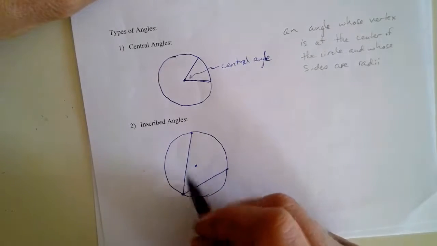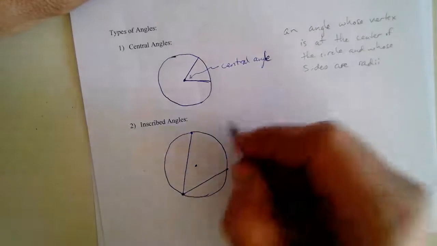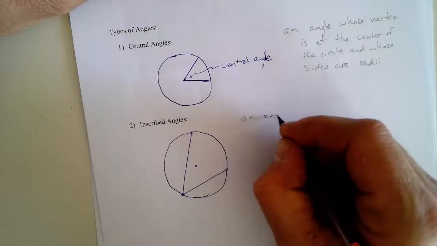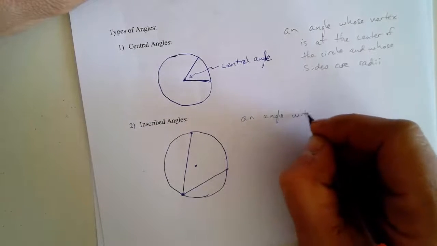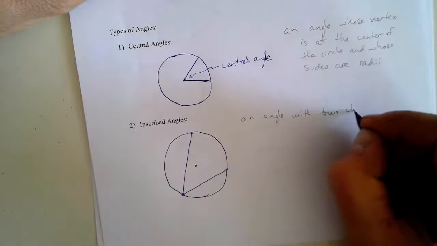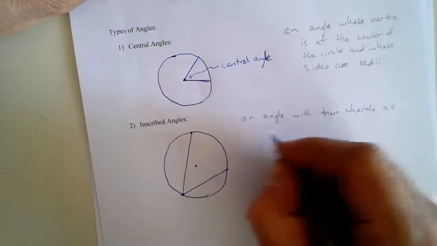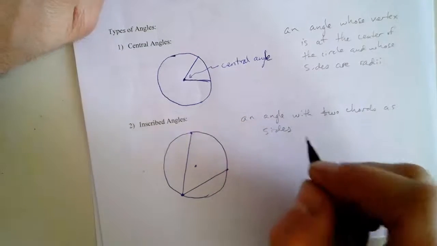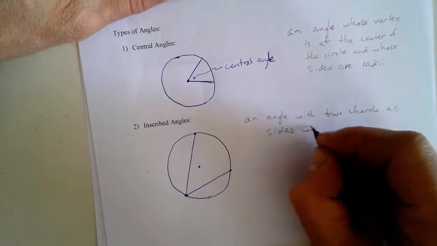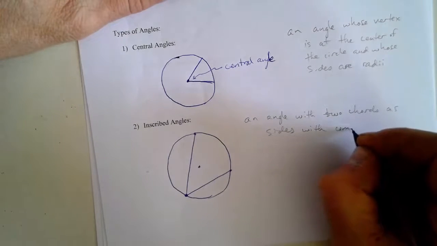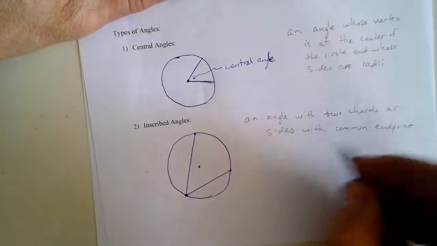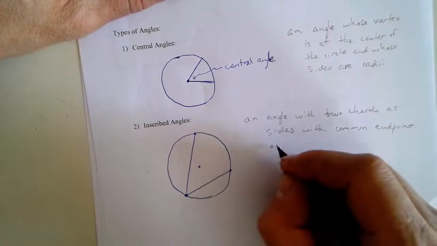If you look at it, how do I draw it? I just drew two chords. So an inscribed angle is an angle with two chords as sides, and the sides have to have a common endpoint, which I'll call its vertex.